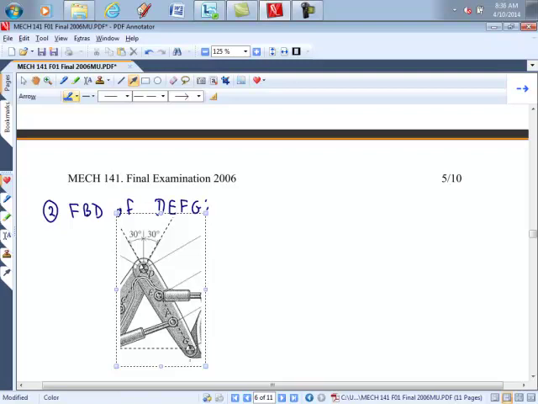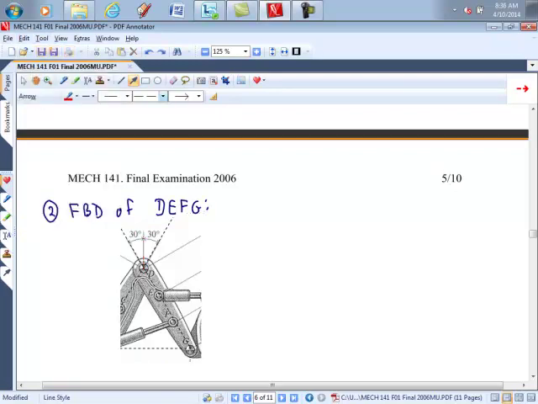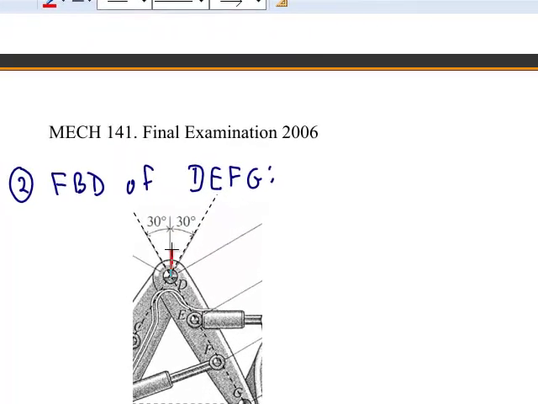Right, there's going to be a reaction force which could be in any direction, so we'll break it down into X and Y components. Don't know the direction, so I'm just going to assume that it's positive. Dy, and Dx. What else?